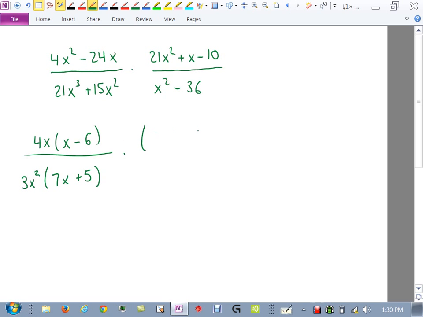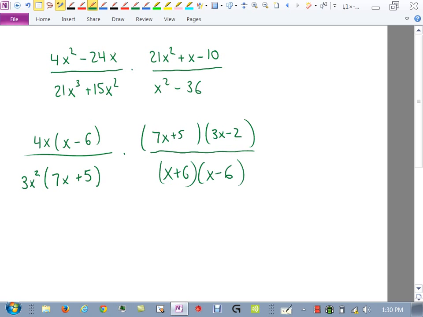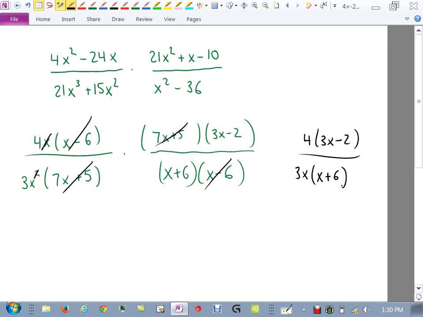Top right, 7x plus 5, 3x minus 2. Bottom, x plus 6, x minus 6. The x minus 6's cancel. One of the x's here cancels. So you get a 4 times 3x minus 2 on top, and on the bottom you have a 3x and an x plus 6. Now, did you have a problem with a certain part of that?